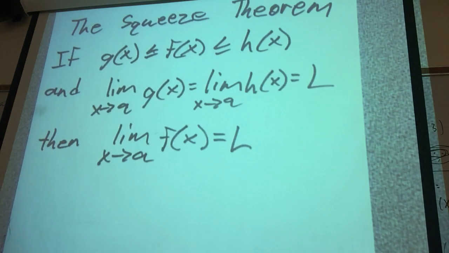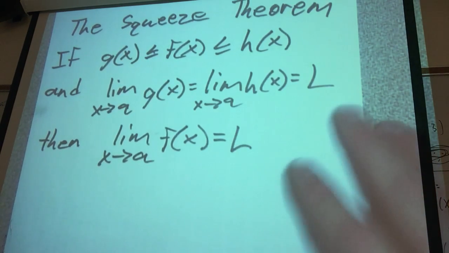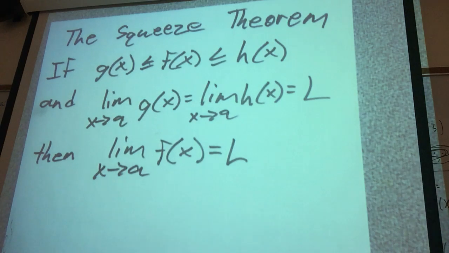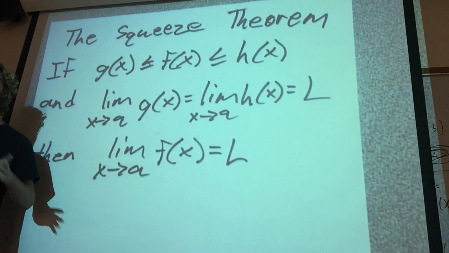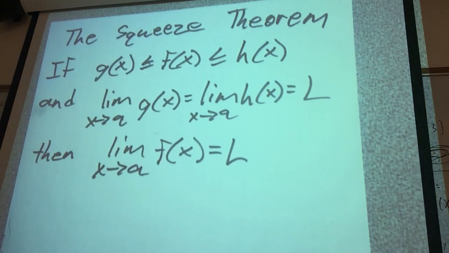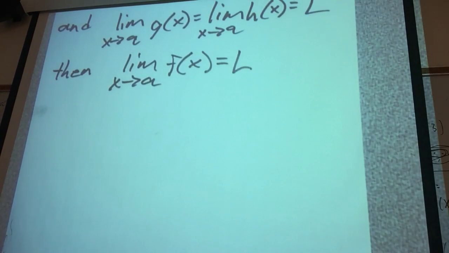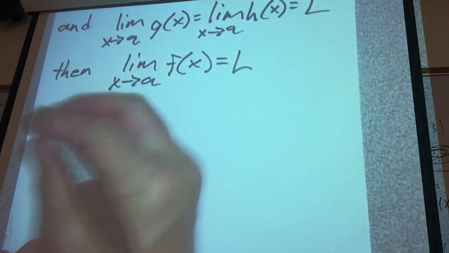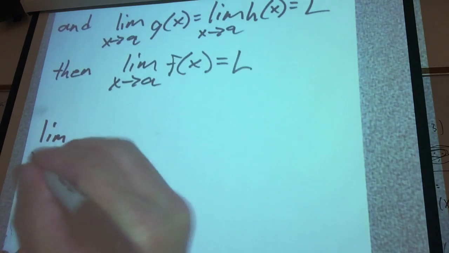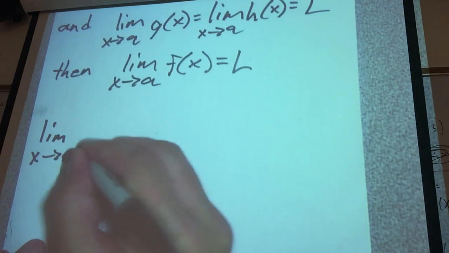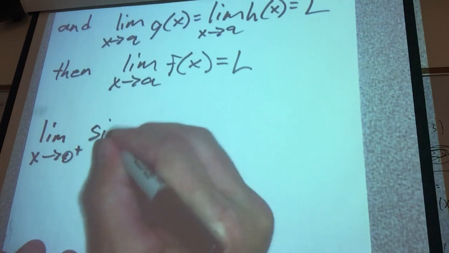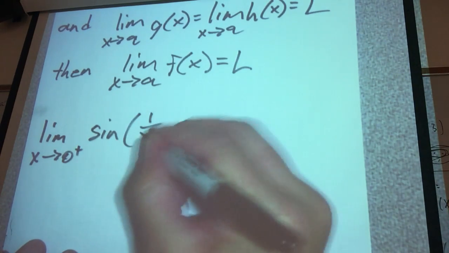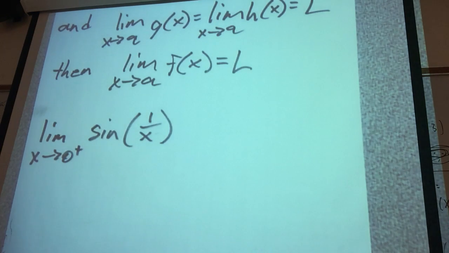So, let's first look at something that has a divergent property to it, because it wobbles so much and moves around so much. So if I was going to investigate, let's say, the limit as x tends towards 0 from the right of sine of 1 divided by x. All right.